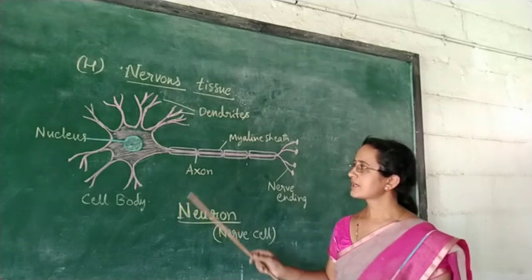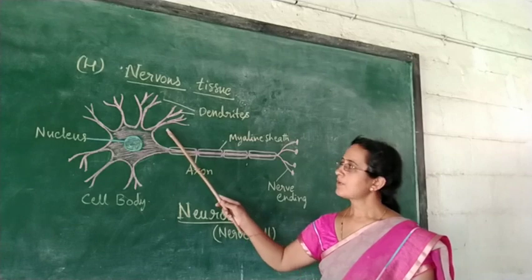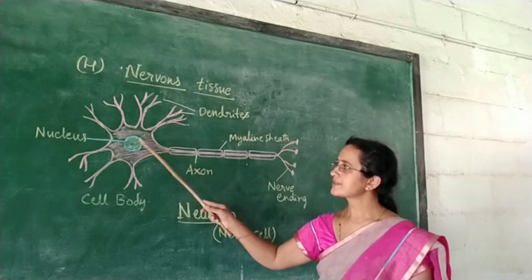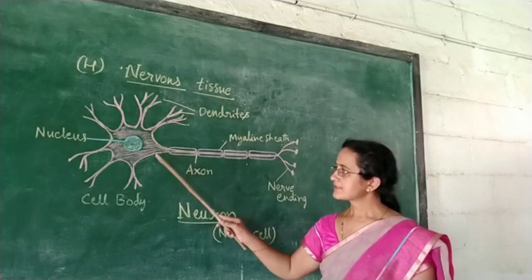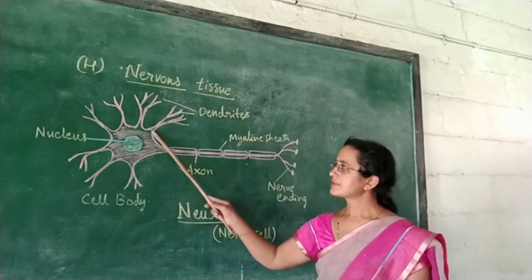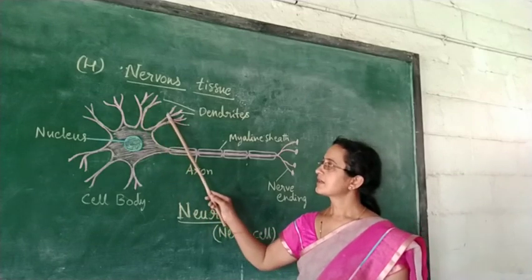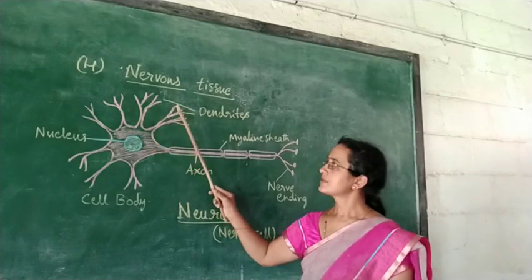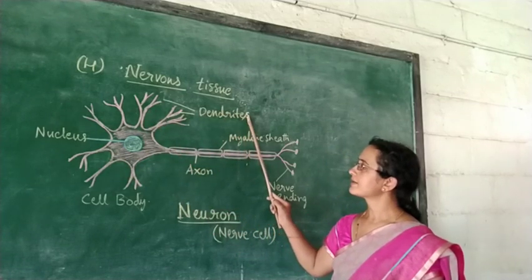To know the structure of the nerve cell, here you are seeing a cell body. The cell body has a nucleus with cytoplasm. The unique feature of this neuron is that the cell membrane is branched to form short projections. These short branches are called dendrites.